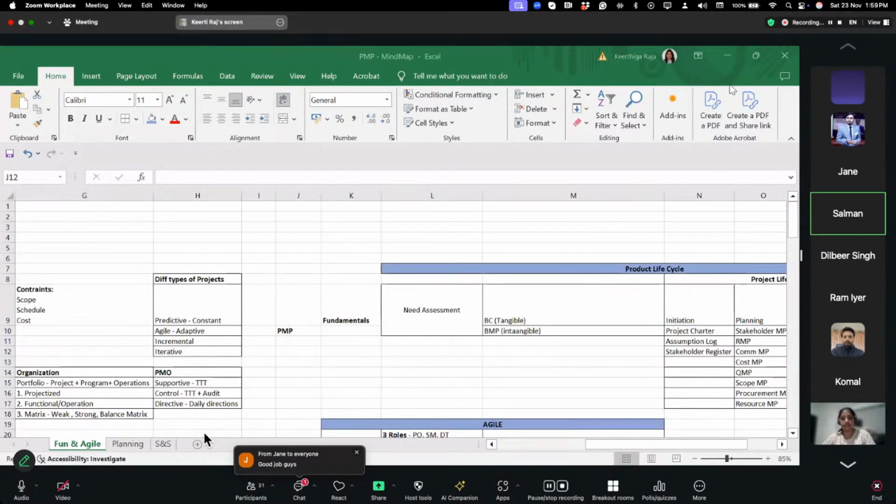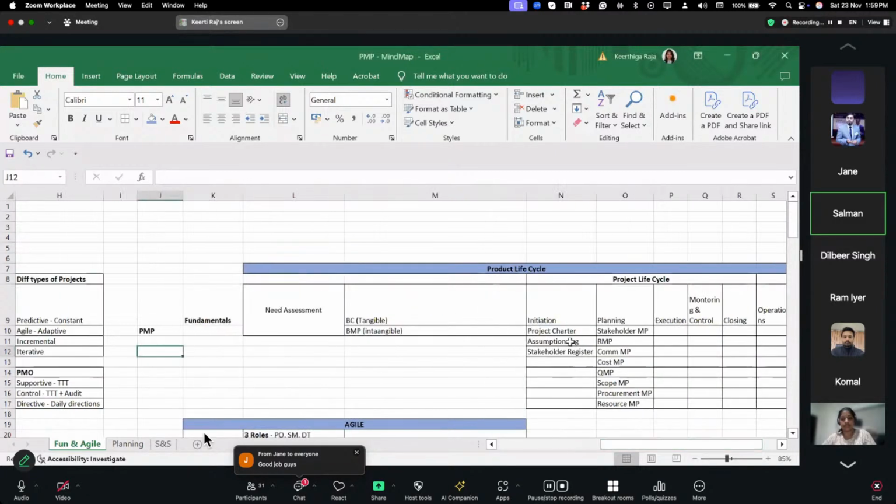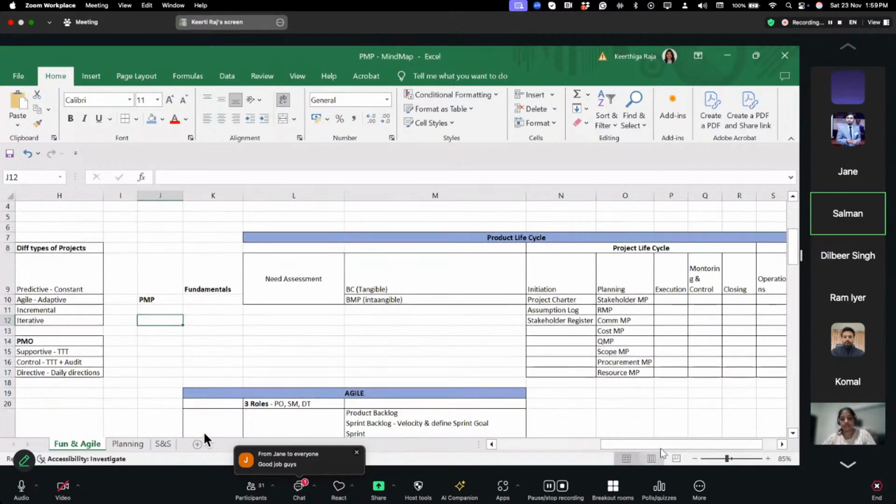We have done our mind map in Excel just to complete all the parts as soon as possible. But start with Salman, there is some disturbance from your background. Can you hear me now? You have a disturbance in your mic, Salman. Yeah, this is from my car.